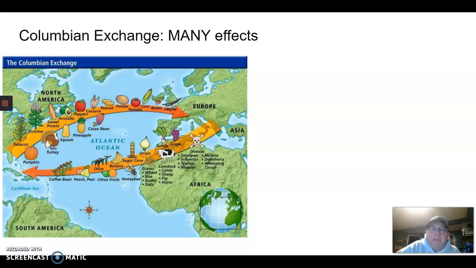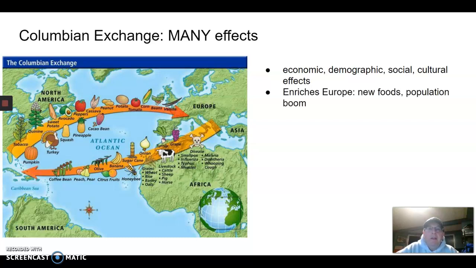But the big academic vocab for this early period is the Columbian Exchange, which has many, many effects. You can see this map here showing foods and other things brought from each hemisphere to the next. That's going to have economic effects, demographic effects, social, cultural effects, you name it.